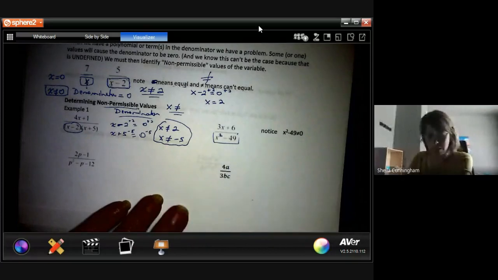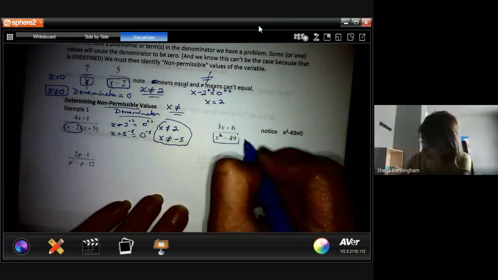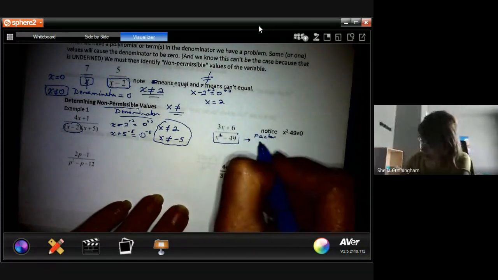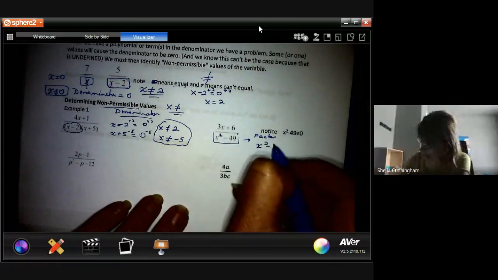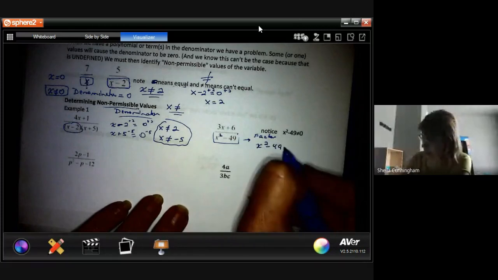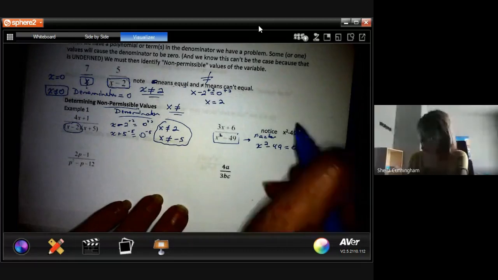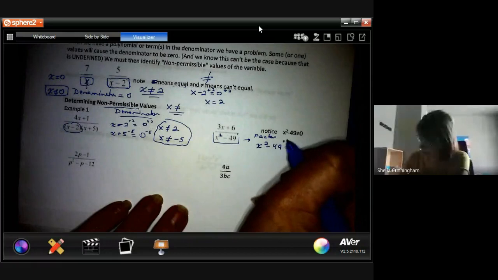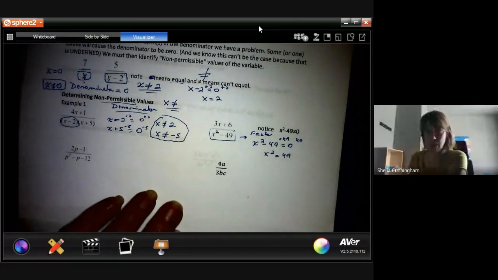There are 2 different ways to approach this. I could say, hey, I could factor this. Or I could take these 2 terms, say I've got x squared minus 49, and set it equal to 0. If I add the 49 over, I get x squared is equal to 49.